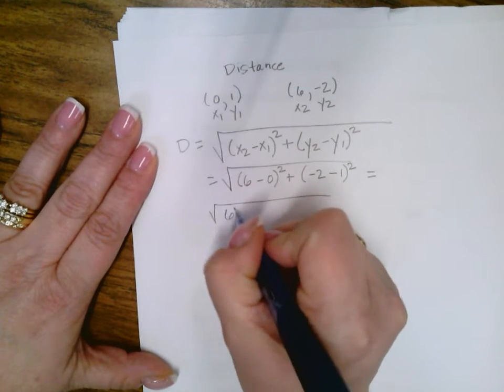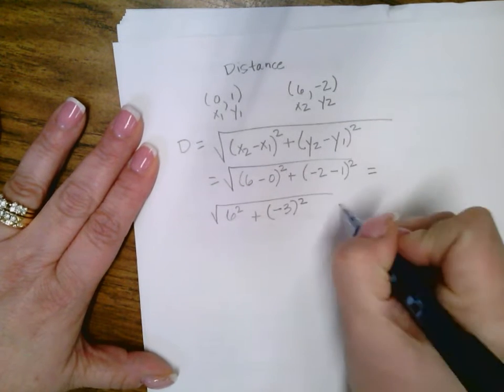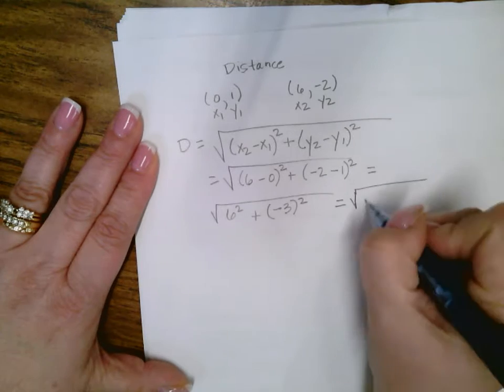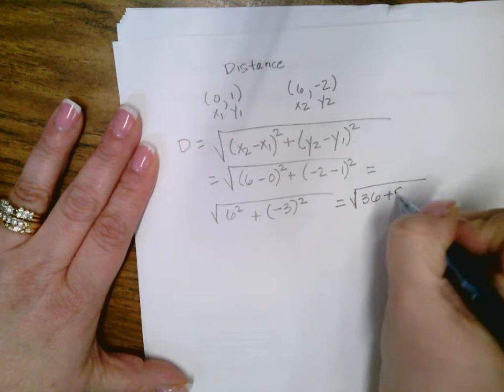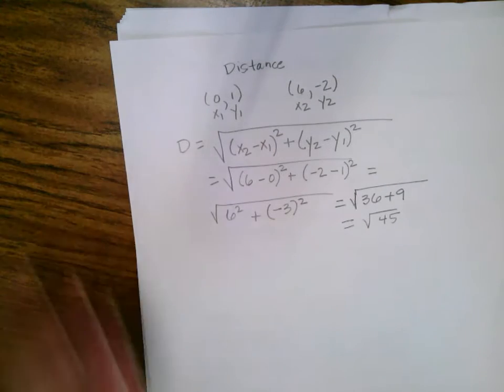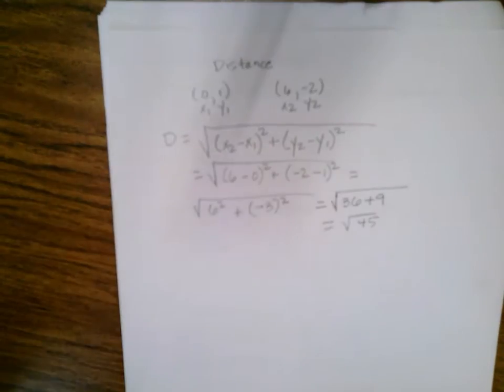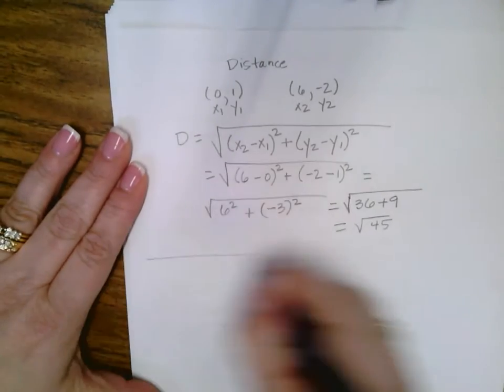That'll give us 6 squared plus negative 3 squared, which is 36 plus 9, which is the square root of 45. Really, the distance formula is just the Pythagorean theorem repositioned to solve for the hypotenuse.